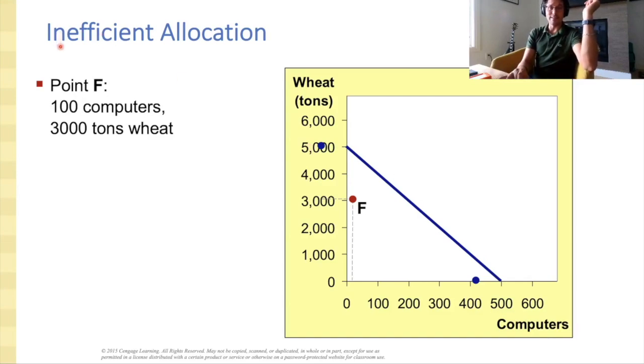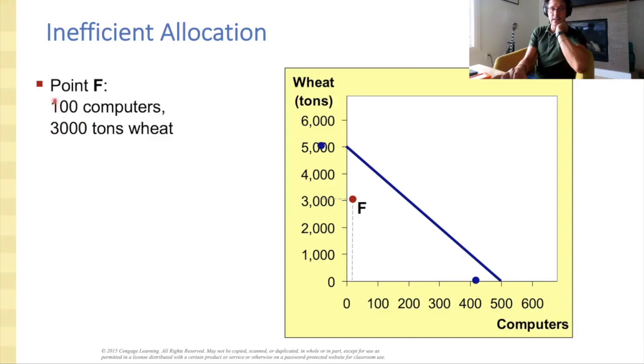Well, as you can see from the title, this is an inefficient allocation. Using the resources that we have and the technology that we have, we can get much more out of this economy. In particular, we could get, for instance, 30,000 tons of wheat jointly with more or less 200 computers.